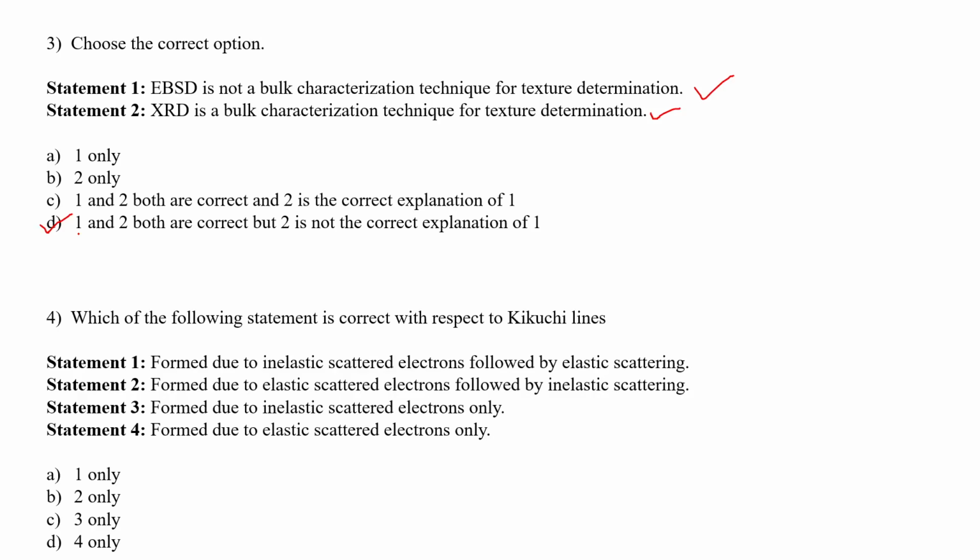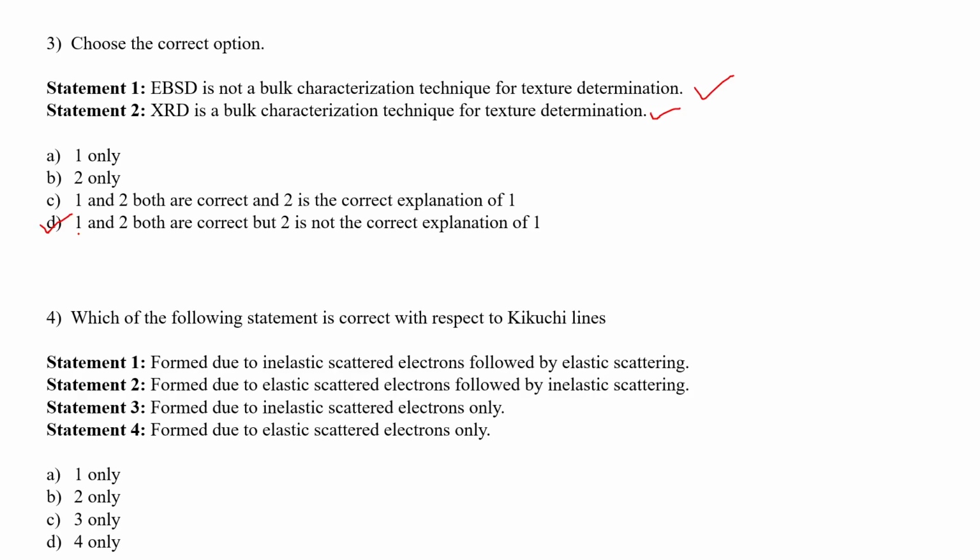Statement 2 says that the Kikuchi lines are formed due to elastic scattered electrons followed by inelastic scattering. Statement 3 says that the Kikuchi lines are formed due to inelastic scattered electrons only. And statement 4 says that the Kikuchi lines are formed due to elastic scattered electrons only.